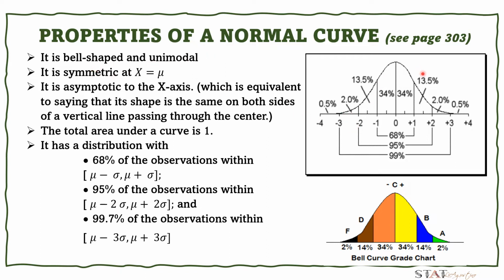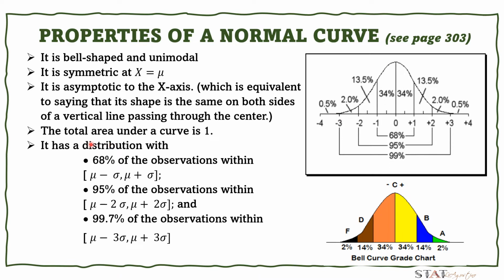If you can see in the drawing, it looks like a bell shape and unimodal. When you say unimodal, having one maximum point here, and then it is symmetric, so the left and the other side are equal, and it is asymptotic to the x-axis. We can say the end tails approach the x-axis.